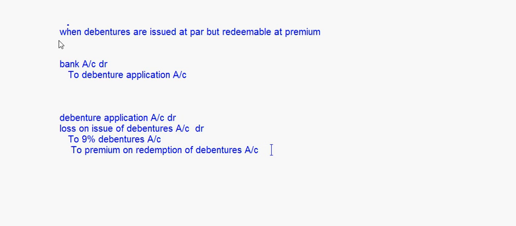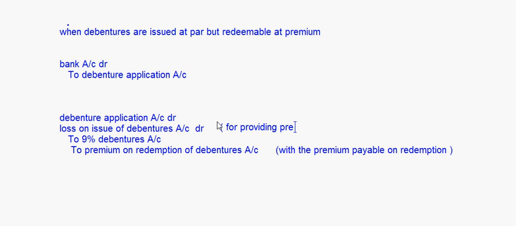Now here you will have this with the premium payable on redemption, okay, and this one, loss on issue of debentures, this is again the same amount, in fact, for providing premium on redemption. That is a loss actually.